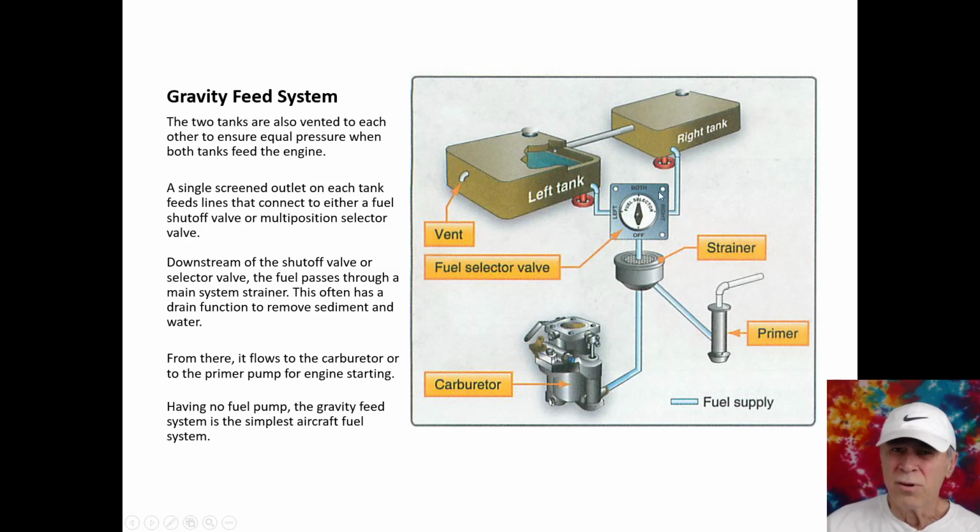I guess the shutoff valves are not shown in this illustration. The fuel passes through a strainer. This often has a drain function to remove sediment and water. From there it flows to the carburetor or to the primer pump for engine starting.